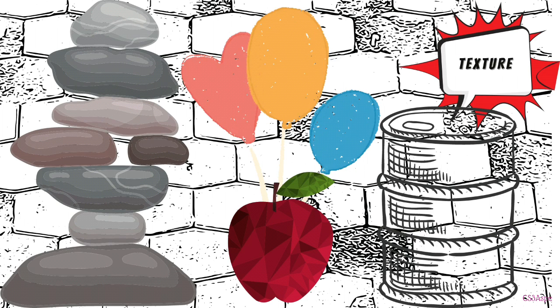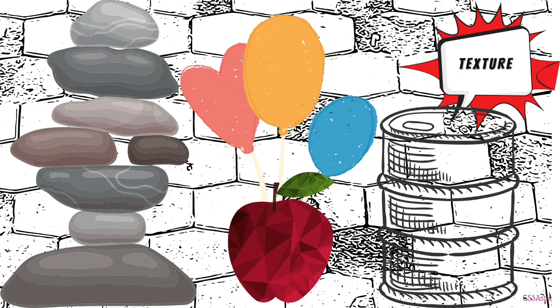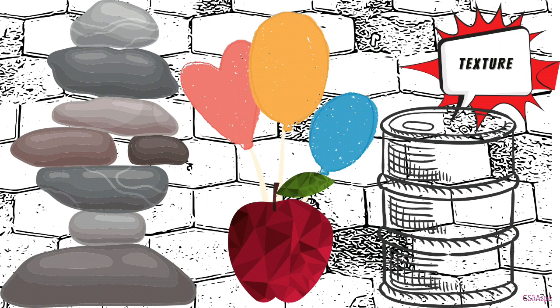In texture, tactile surface quality is mainly seen through three-dimensional works like sculptures, as the viewer can see or feel the different textures present, while visual surface quality describes how the eye perceives the texture based on visual cues.